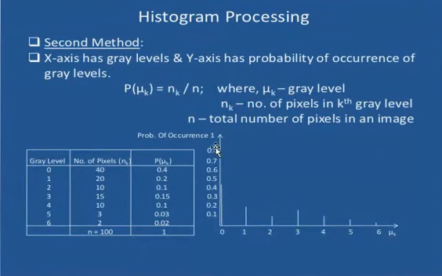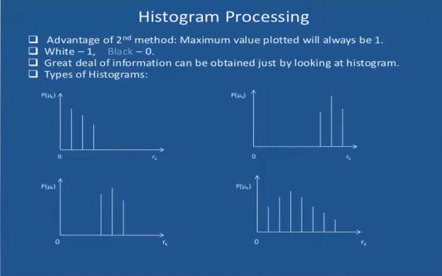You limit the upper value always to 1, instead of MN. That is the advantage. The maximum value plotted will always be 1. Of course, a great deal of information can be obtained just by looking at a histogram. Okay, next one is the types of histograms.